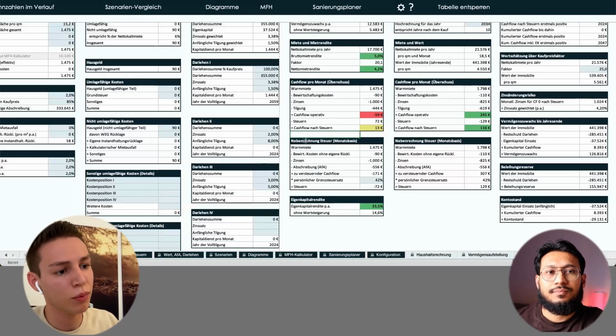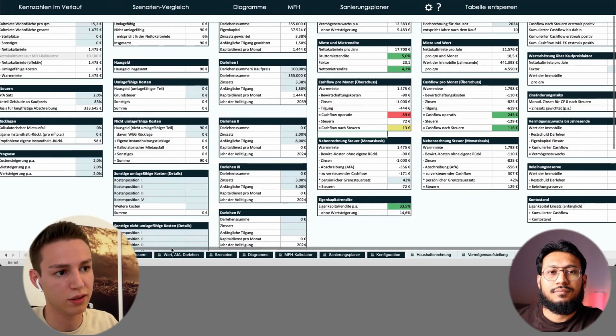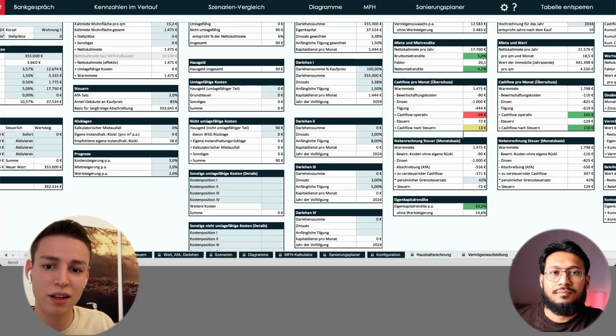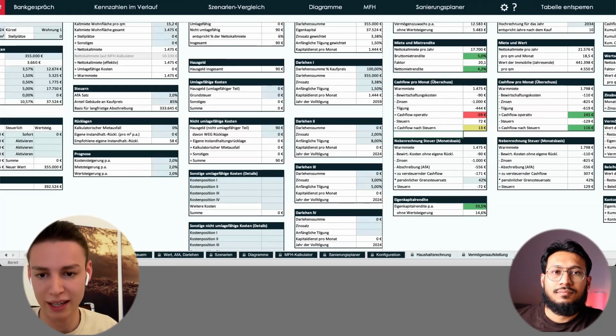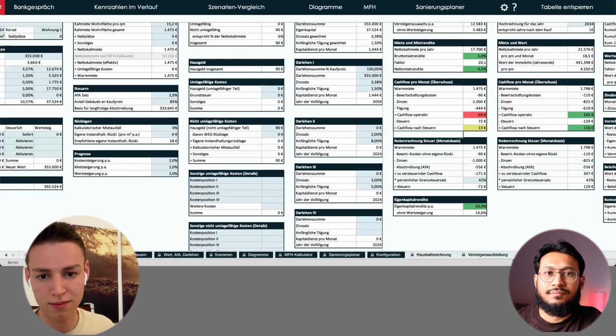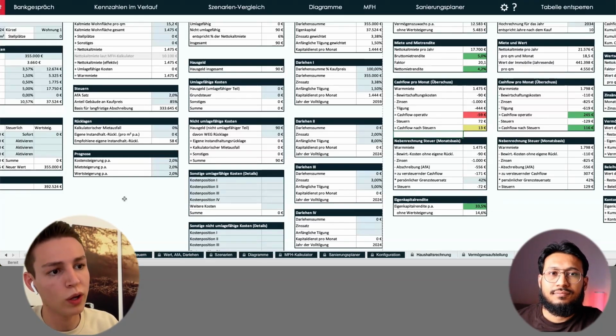And then the second important point is what happens in 10 years. Because in 10 years, you can in Germany, as of now, sell your investment property completely tax-free. So no capital gains tax, no income tax, no nothing. And to calculate that, we calculate with no appreciation above the inflation.